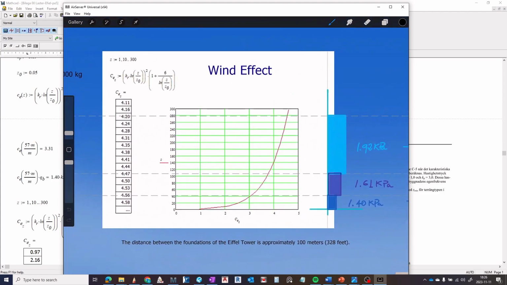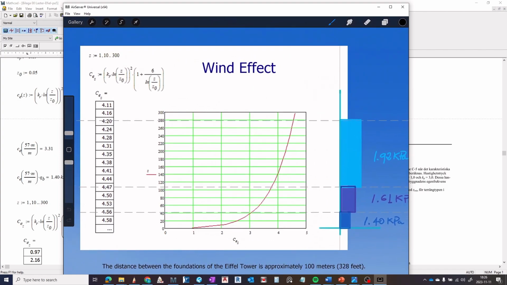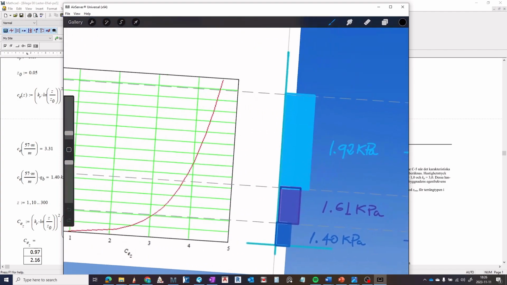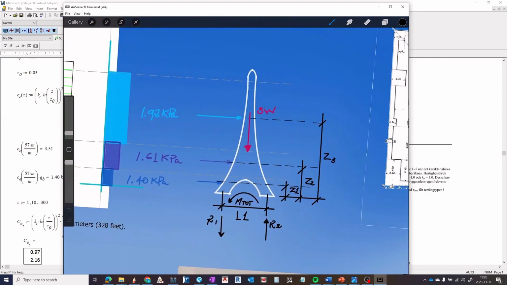I can plot the curve of the wind pressure, the wind effect at different levels, and how I would do the free body diagram.